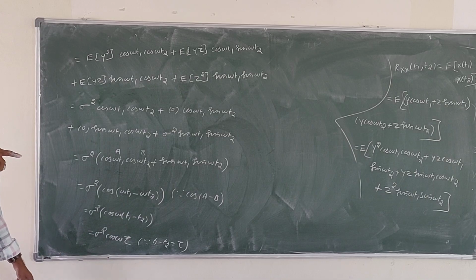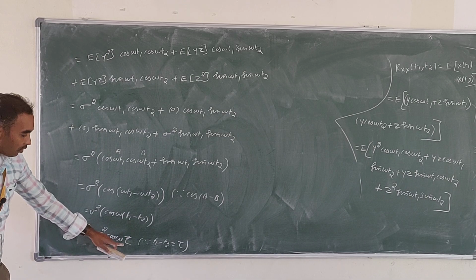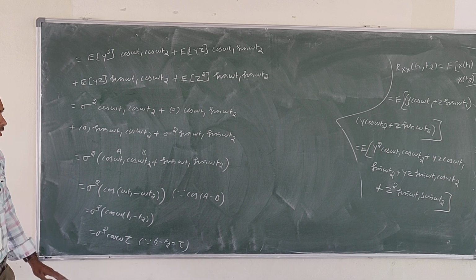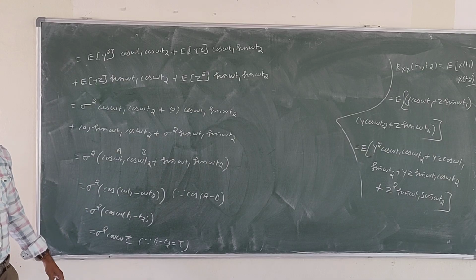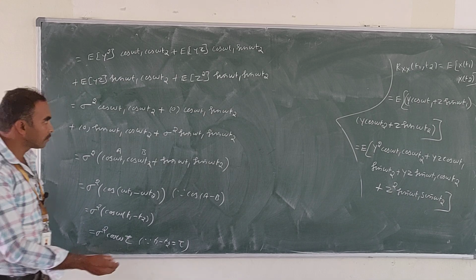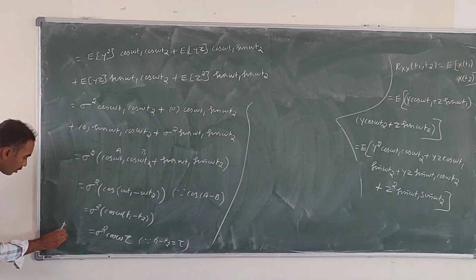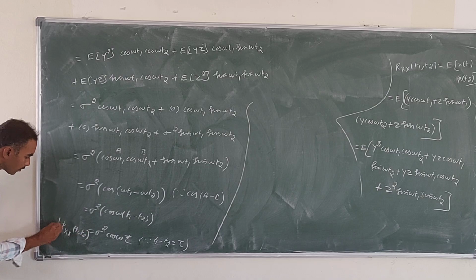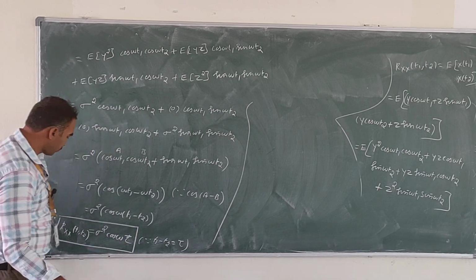The first condition is E of x of t is a constant. We have satisfied that, and this one, the function of tau, we have satisfied. So conditions 1 and 2 are satisfied. So the given function x of t is a WSS process. R xx t1 t2 is a function of tau.